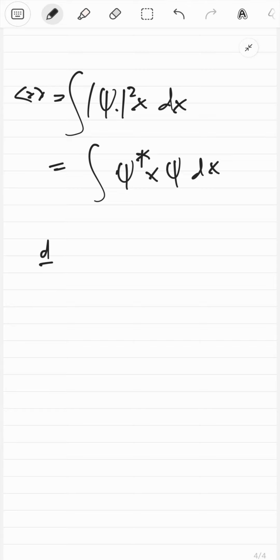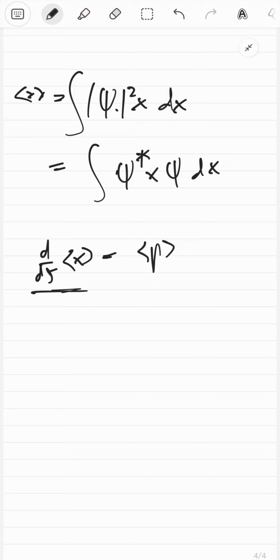And so the d by dt of x thing, I'm just going to say that that is the expected value of the momentum. Yes, this is not good, but that's the best we can do. So I'm just going to move with it. And the more formalism we build up, the more postulates we have, the better everything will be. But for now, this is what you have to deal with.